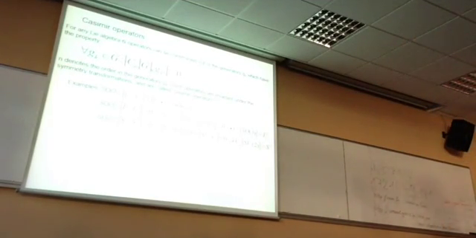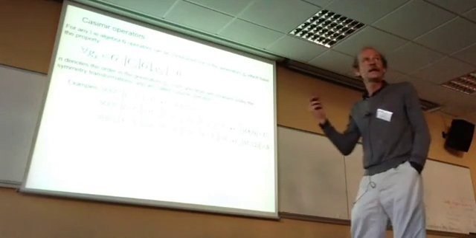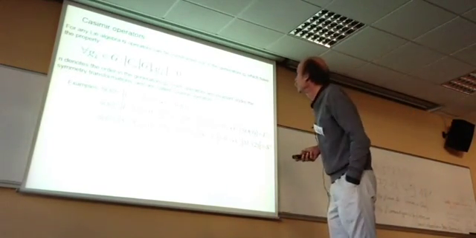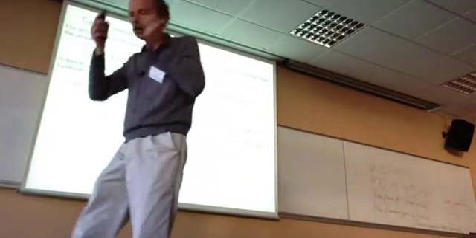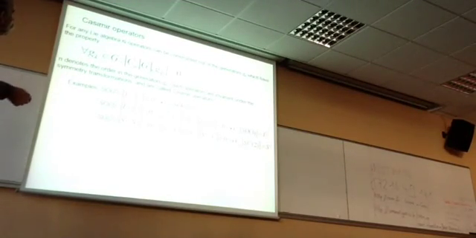So Casimir found out that for any Lie algebra there are operators which are constructed out of the generators. This is important. So the operators are constructed out of the generators of the algebra, and which have the property that they commute with all generators.